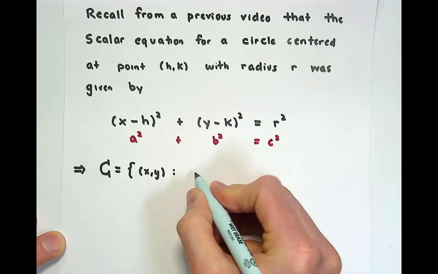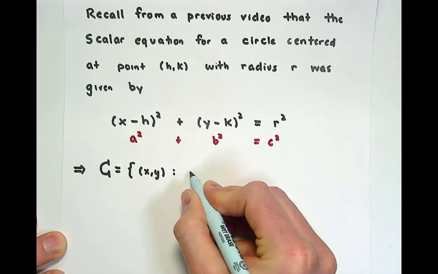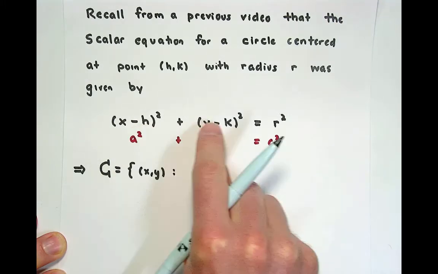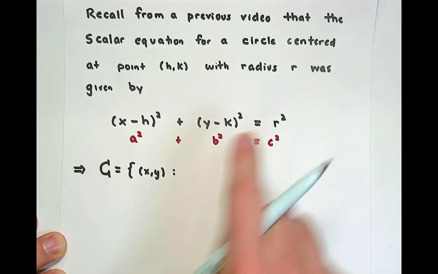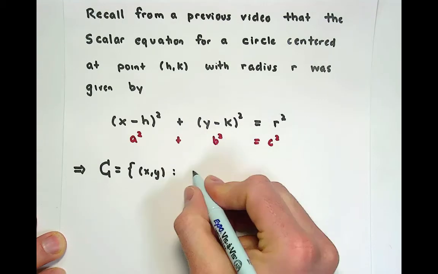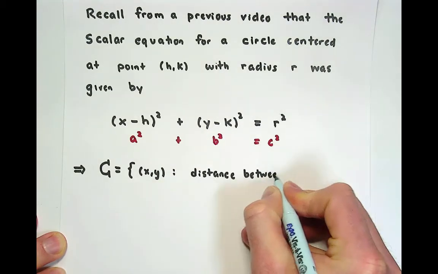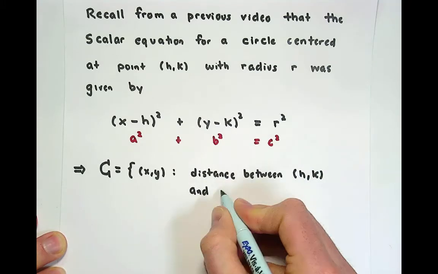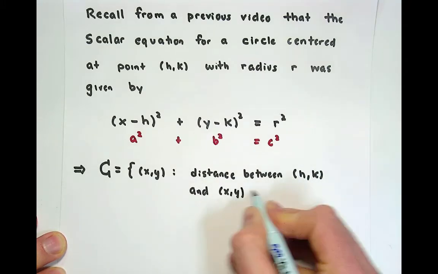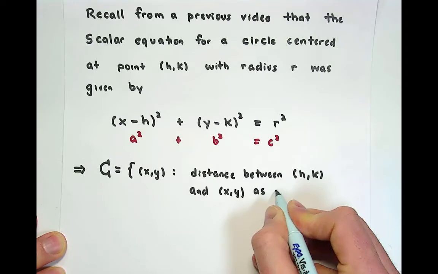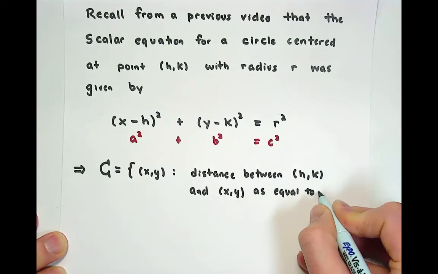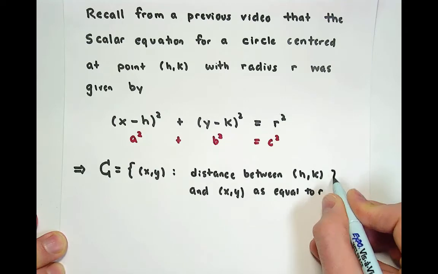And these ordered pairs are equidistant from h, k, and the distance is r. So we think about the distance between h, k and x, y as equal to r. That's where this equation came from. This is set notation.